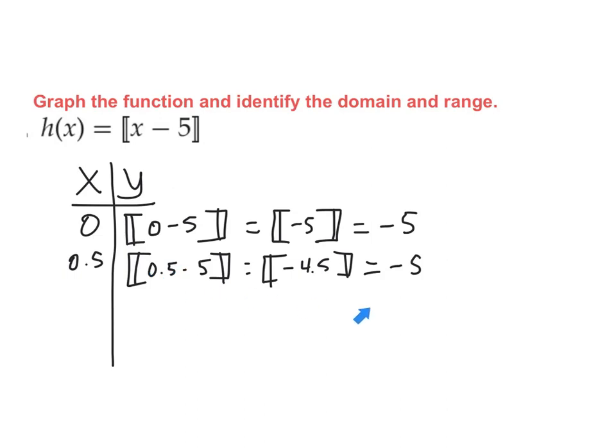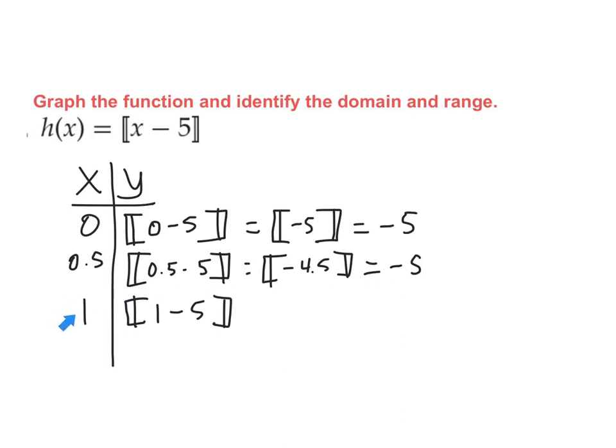When does it change to negative 4? What's the first value that will change it to negative 4? 1. So if I put 1 in, I could try all the decimals in between 0 and 1, and all these things are going to give me negative 4 point something, which will take it back down to negative 5.